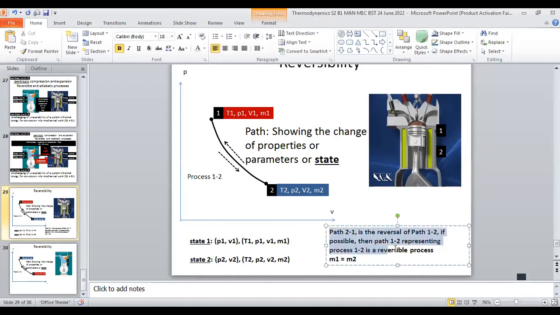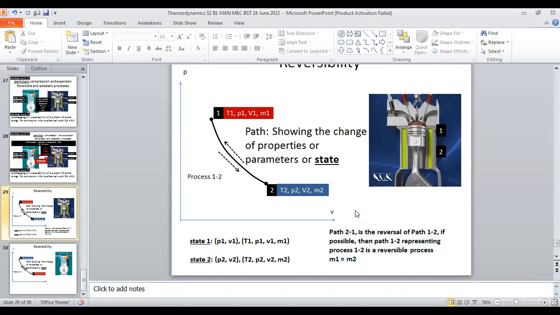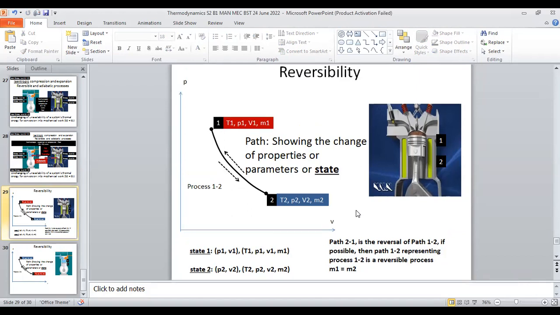So this much is enough. In such processes in general, M1 is M2. It's not only closed systems, even open systems are possible. We can imagine the reversibility.